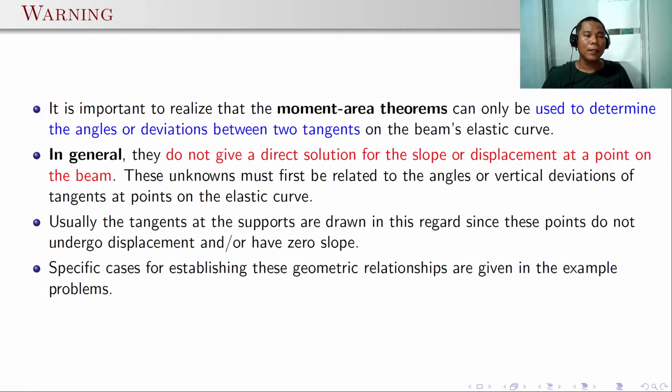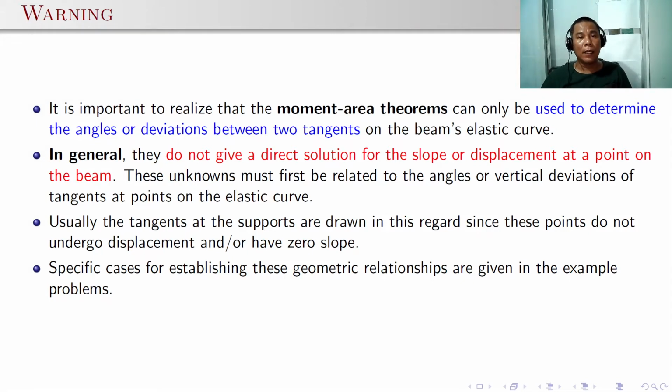As a warning, it is important to realize that the moment area theorems can only be used to determine the angles or deviations between the two tangents on the beam's elastic curve. As we have derived theorem 1 and theorem 2, it's only about the angles and the vertical deviations, not deflection. In general, they do not give a direct solution for the slope or displacement at a point on the beam.